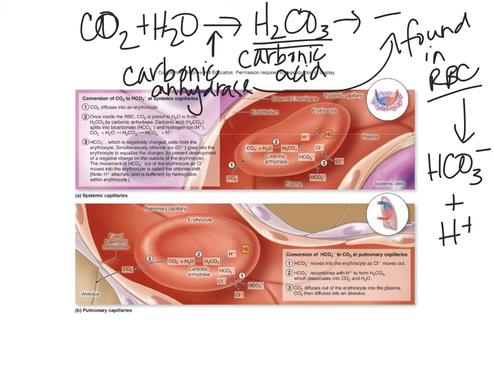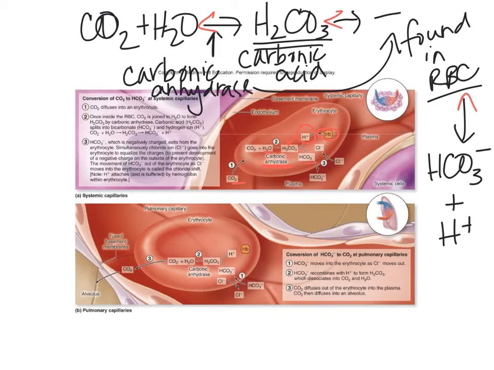Now if you remember from before, we've said that this equation is reversible, it can go either way. So here's what happens. Carbon dioxide comes from the tissue and comes into the blood. It binds with water. Carbonic anhydrase converts it to carbonic acid, and that splits. This hydrogen ion is actually going to bind to hemoglobin.